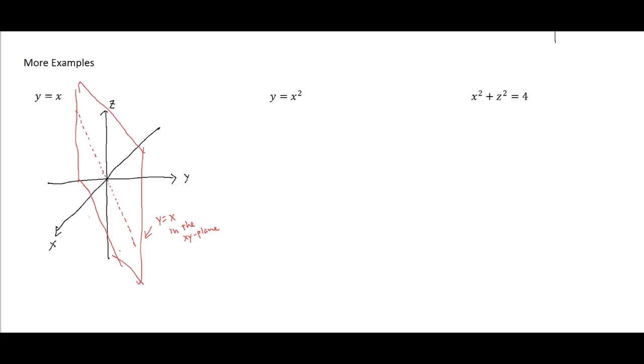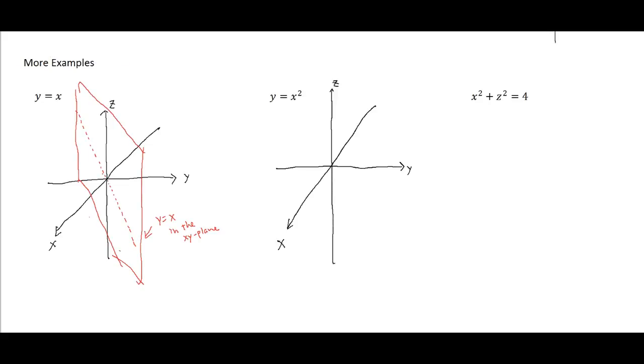So please understand that this is a plane going through the origin that you get by extending the line y equals x in the z direction indefinitely.